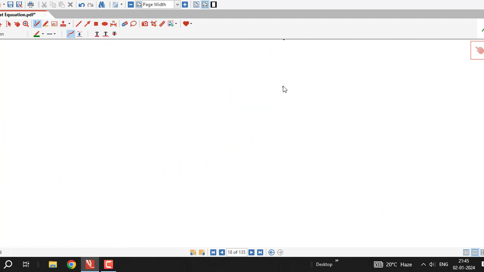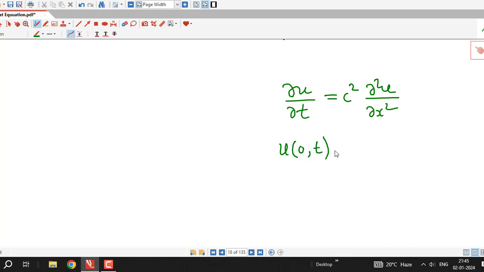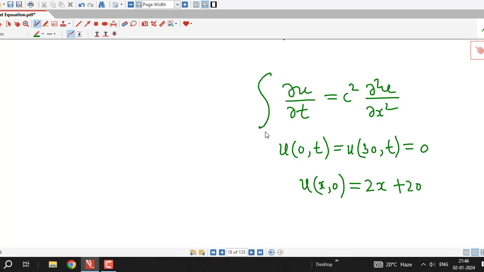Now we have to solve the heat equation, del u by del t equal to c square times del square u by del x square, in which the boundary conditions are that the temperature is 0 at both the ends, and the initial condition is u(x,0) equal to 2x plus 20. To solve this type of problem, we have a ready-made formula.